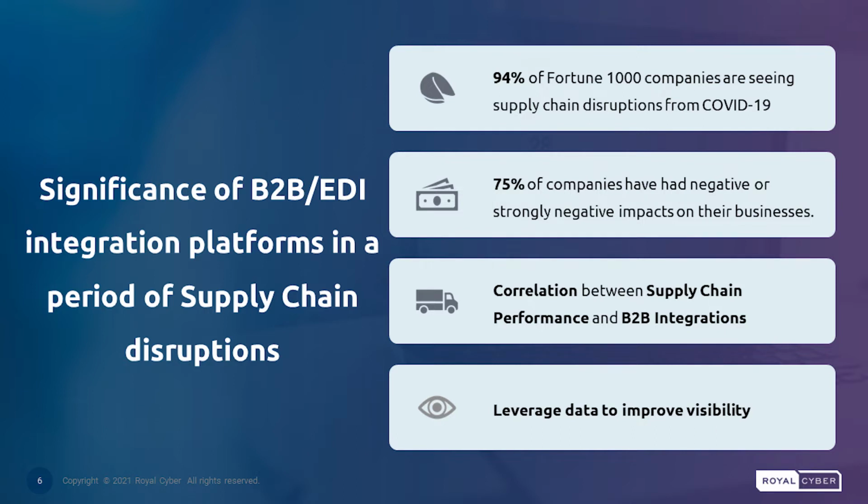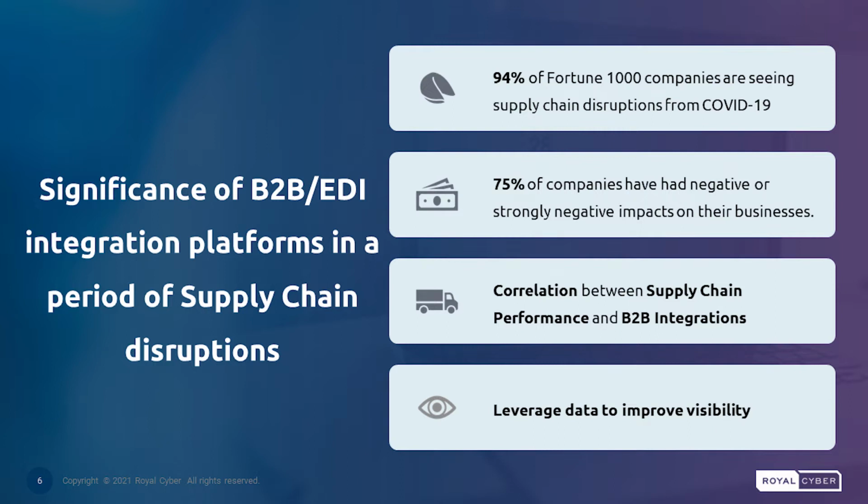Specifically, COVID-19 has made many organizations realize how important it is to have deeper visibility and insights into the B2B transactions and partner connectivity in order to make their supply chain resilient to changing environmental dynamics.